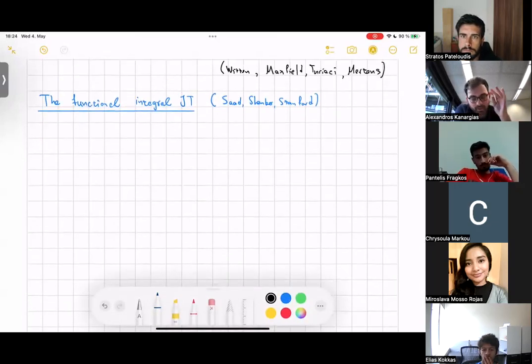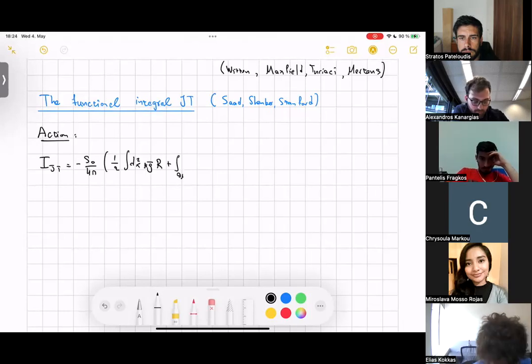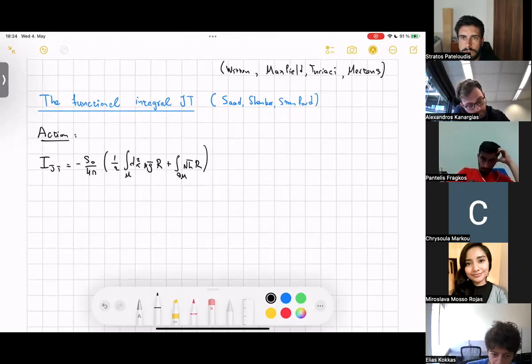So now we have JT. We showed what's the action, and so now we're going to give a bit more of a larger action. We would like to calculate the functional integral of the following. We have some constant S0, and then first comes some piece of the action which is topological, which means that it just depends on the topology of your surface.